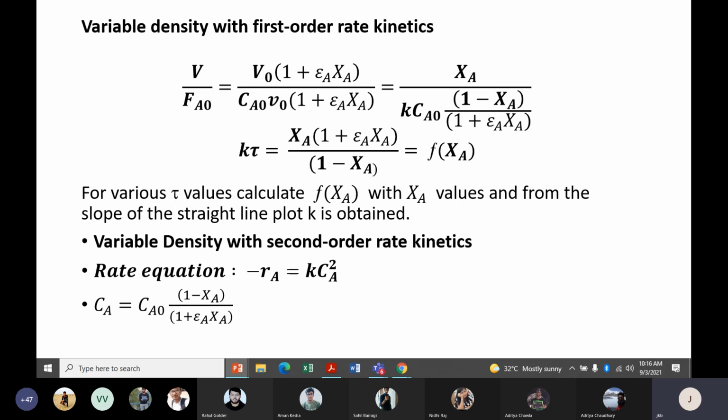So for various tau values, now we can plot this quantity XA times 1 plus epsilon XA by 1 minus XA. So K tau is this.